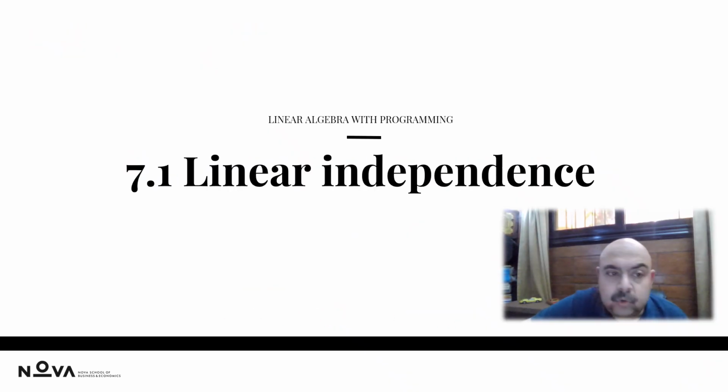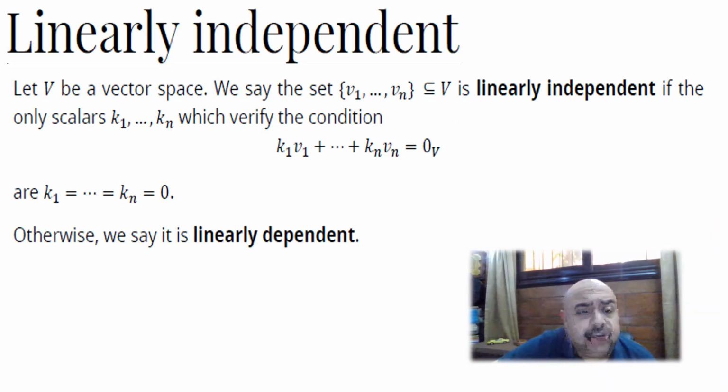Now we need to talk about linear independence. And that's a part of our topic today. The linear independence is really very simple. All we have to do is a very simple check. Some vectors generate or span a set.